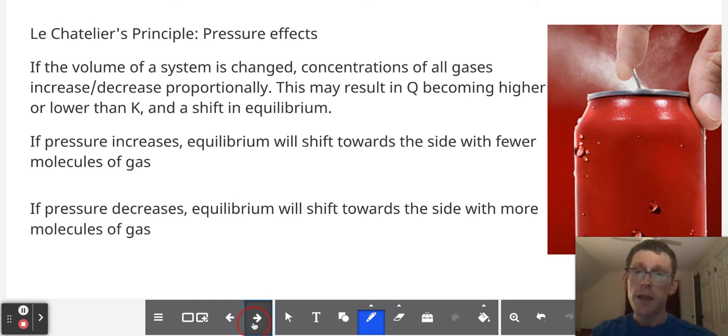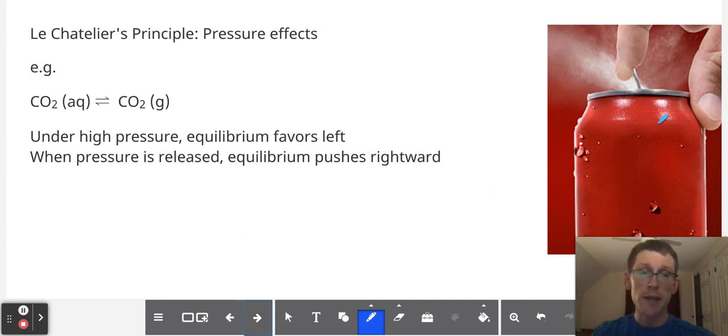And so a good example that we can look at is a can of soda. The solubility of carbon dioxide, which could be a gas, it also could be dissolved. The solubility depends on pressure, and we know this because there's a whole lot of carbon dioxide gas that can bubble out of a can of soda once you've opened the tab. Until that point, though, the soda is at a high pressure, and the carbon dioxide is held under high pressure, and the carbon dioxide is very soluble.